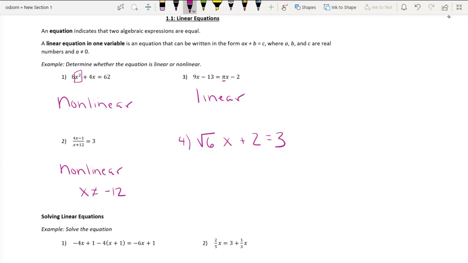Now this one is in fact linear because the x is not contained within that square root. So the x is not in the radicand, meaning it's not underneath the square root. That is why this one is linear. So your a term is the square root of 6, your b is 2, and your c is 3. So it is therefore linear.